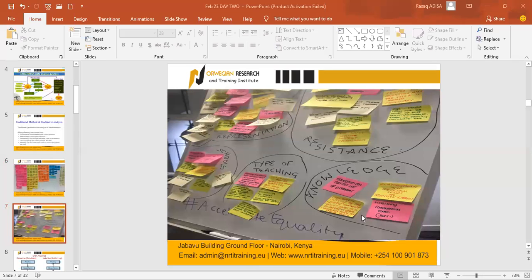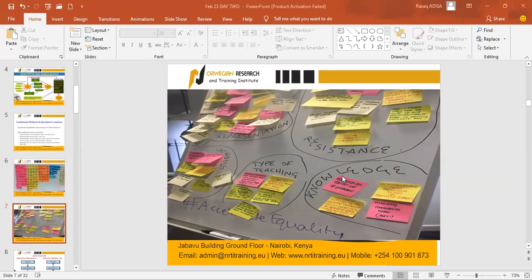So, like in knowledge, for instance, only 4 codes were generated for knowledge, and that is all. For type of teaching, we can see 5 codes were generated, and the 5 codes were gummed to type of teaching. So 5 different codes talk about different types of teaching. So this is how it is done traditionally.